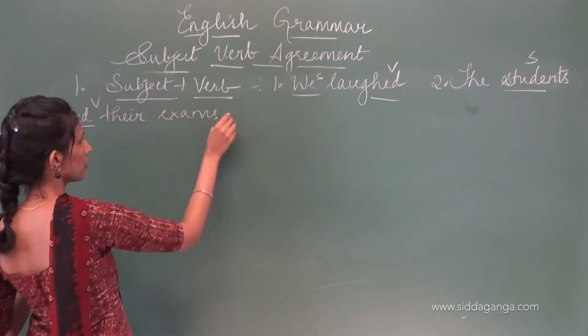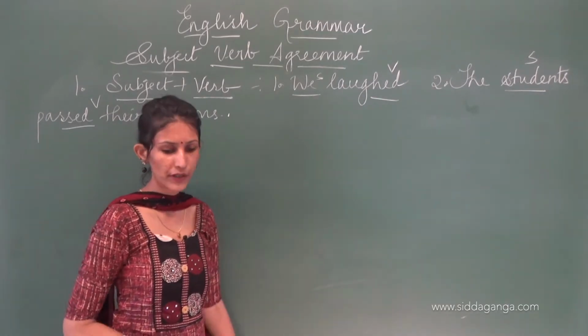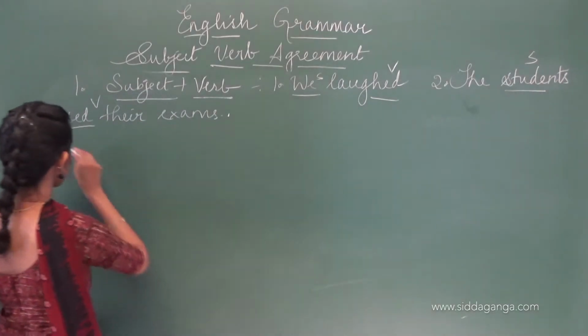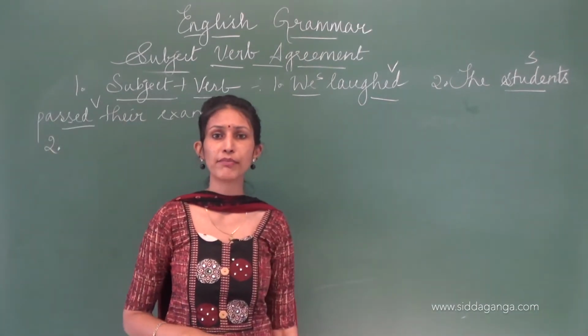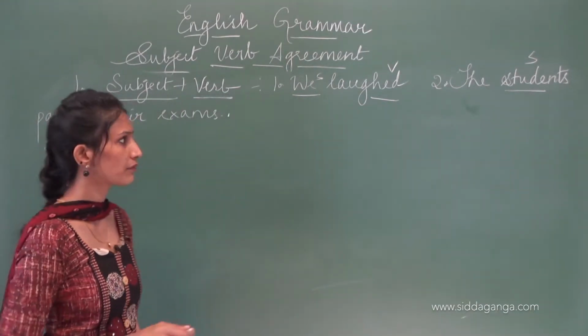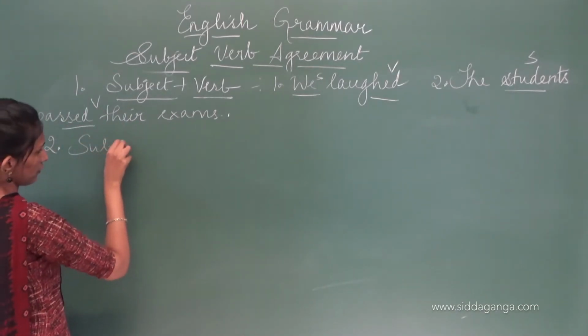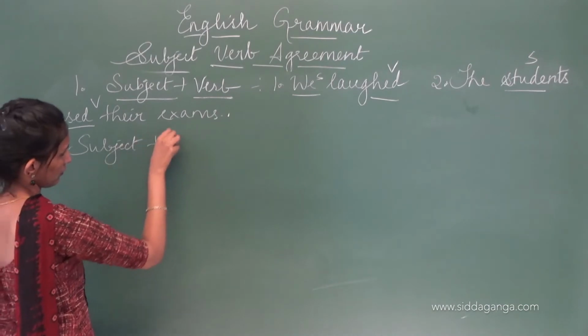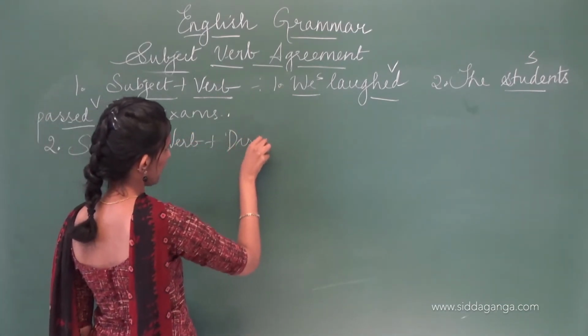Past is the verb. Then the other examples that I told you in the beginning. We'll move to the second one. Okay, subject plus verb plus direct object.